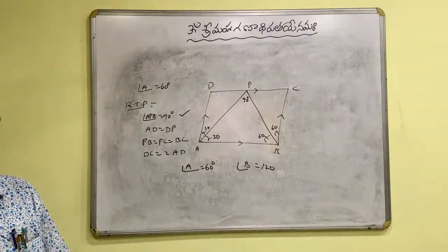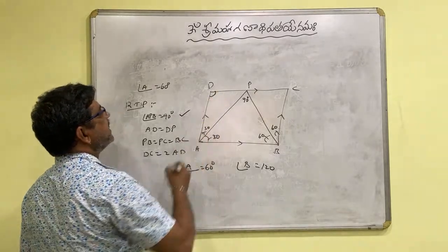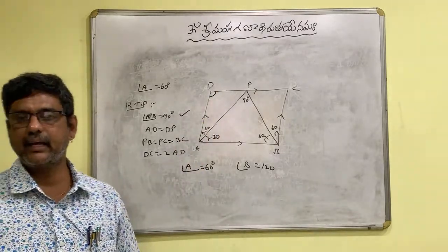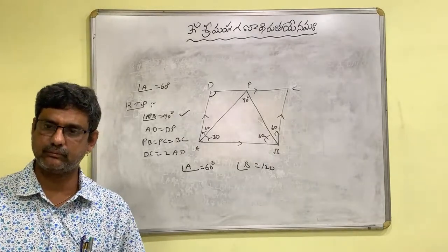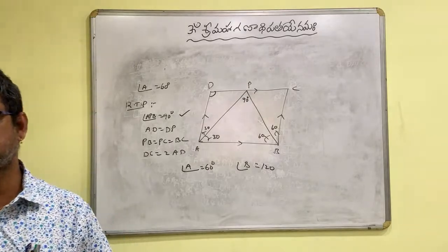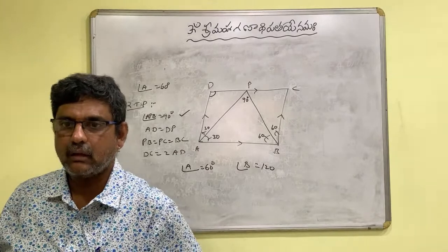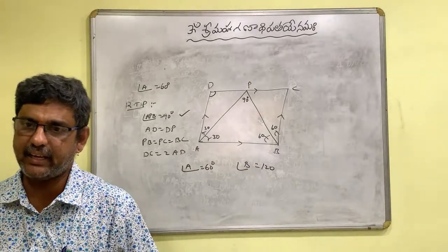Now, children, can anyone say what is angle D? Bhavya Pranati says 120. Mahesh says 90.